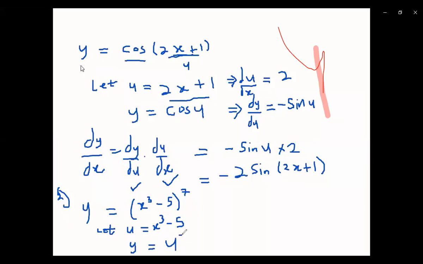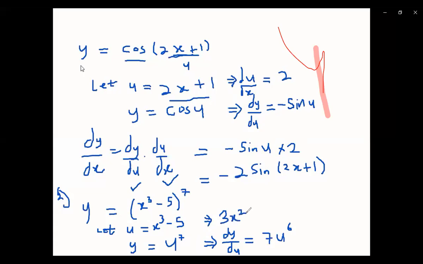Like we did in the first case, you first differentiate y with respect to u. So dy/du will give us 7u raised to the power 6. And then we differentiate u also with respect to x. That will give us 3x squared.